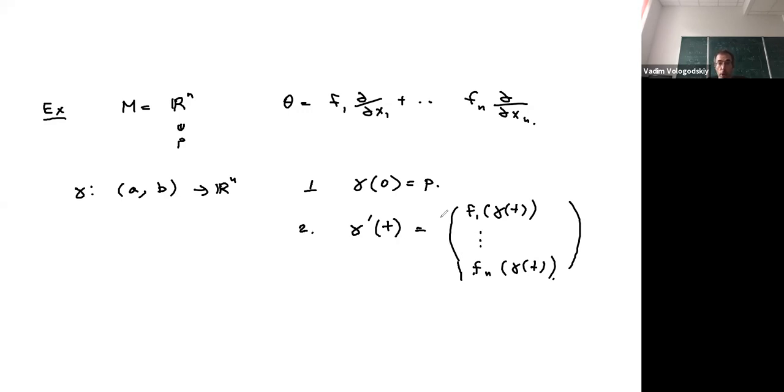This is called an ordinary differential equation. In fact, any ordinary differential equation can be written in this form. It's a very general differential equation. Ordinary means that it's an equation for a function in one variable. It's a vector-valued function. You can think of this also as a system of differential equations, right?